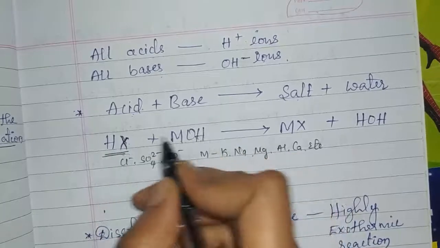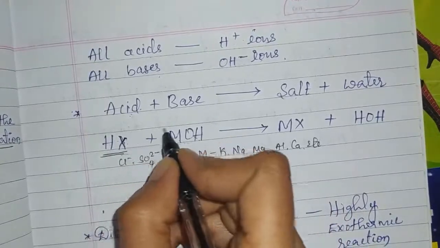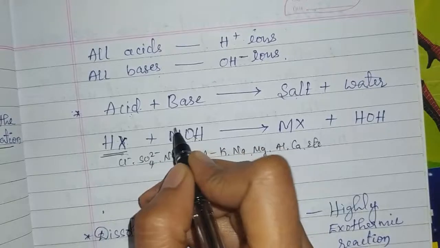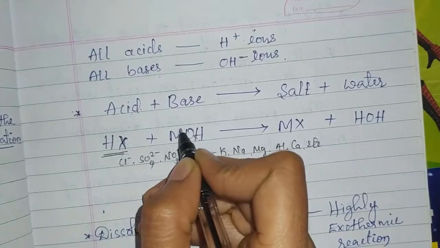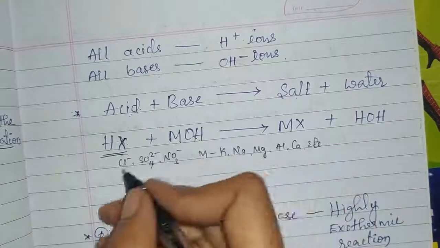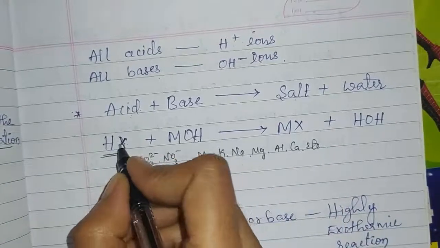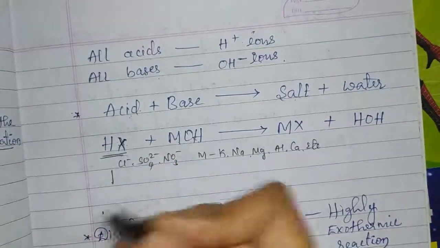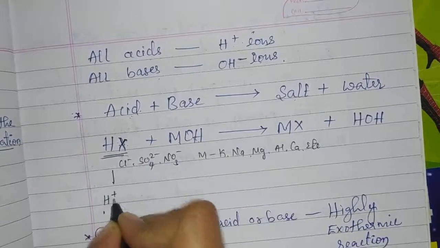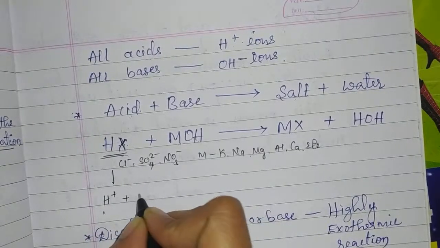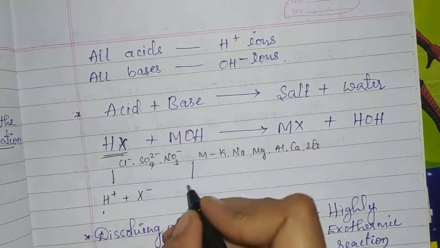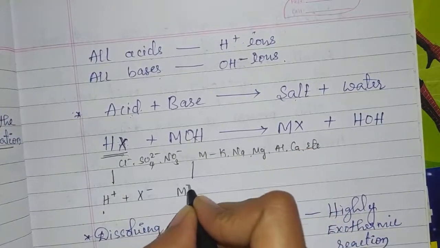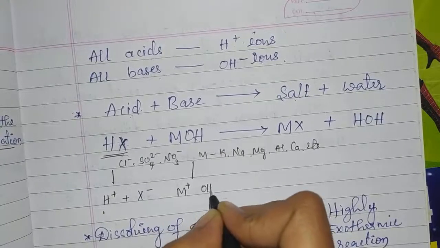When acid and base react, salt and water are formed. We will see it like this. The acid ionizes into H plus and X minus, whereas the base ionizes into M plus and OH minus.